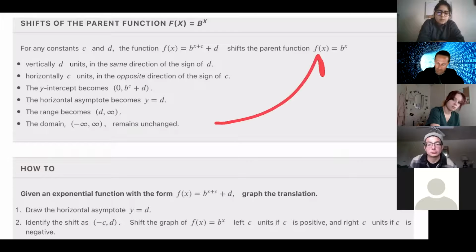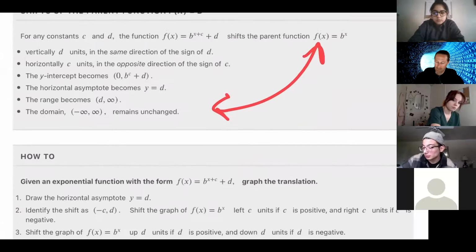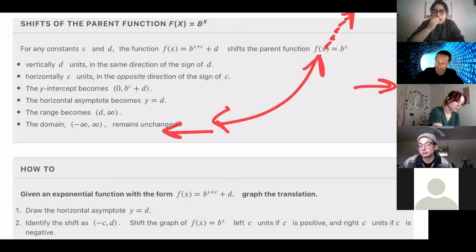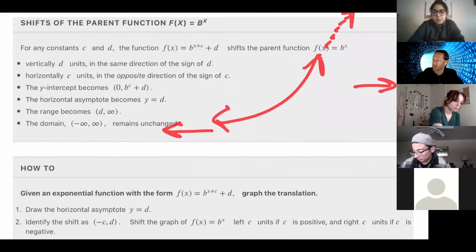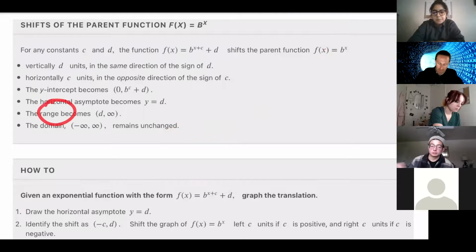Well, just because I moved it up, down, left, right, notice the x's will still be all of them. Eventually, it will reach all of the x's this way, and obviously all of the x's that way. Okay? But when I move it up or down, that's definitely changing my y values. And when changing my y values, that's going to change my range.